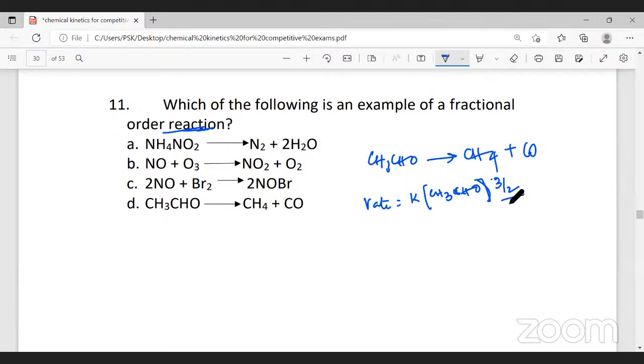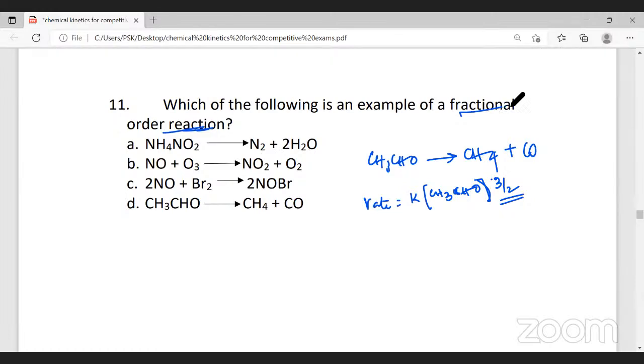The order of this reaction is fractional, 3 by 2. So this is an example of a fractional order reaction: CH3CHO giving CH4 and CO.